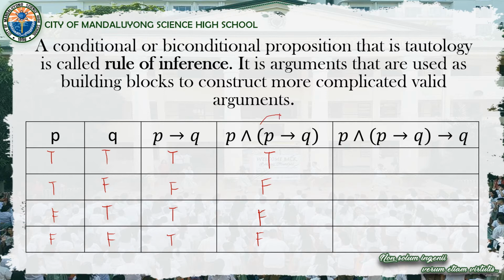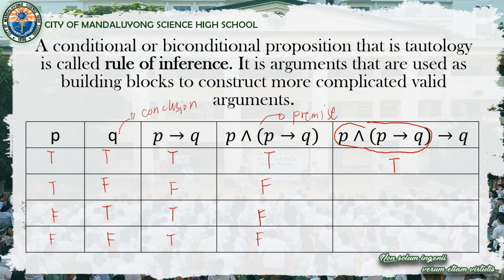Now, this will serve as our premise based from sa fifth column natin. Ito. Tama? And then, etong Q, this will be our conclusion. Yan. So, i-apply natin ang implication ulit. It will only be false if your premise is true and your conclusion is false. Tama? So, tignan natin ha. True implies true. So, ibig sabihin, true statement.